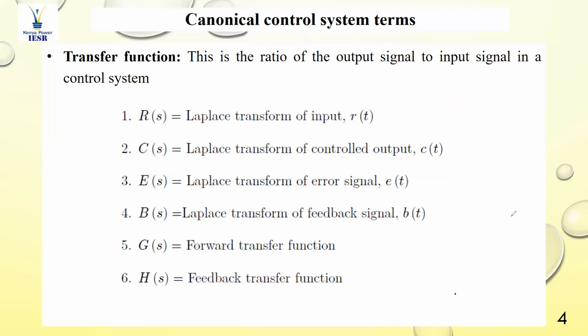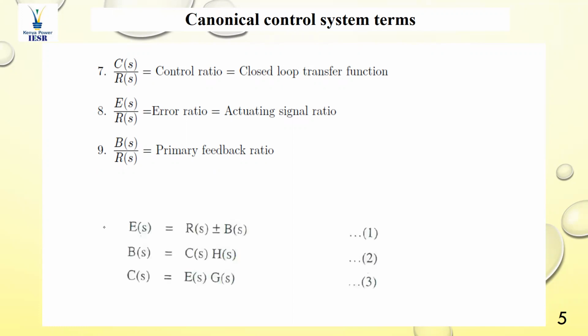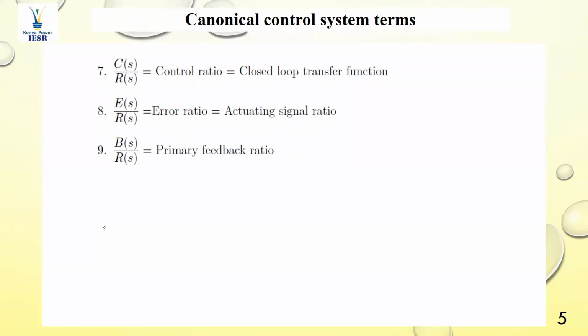Moving on to the next point, we have the control ratio. The control ratio is the same as the closed loop transfer function, which we have already said is the ratio of the output to the input. This is our closed loop transfer function or the control ratio.